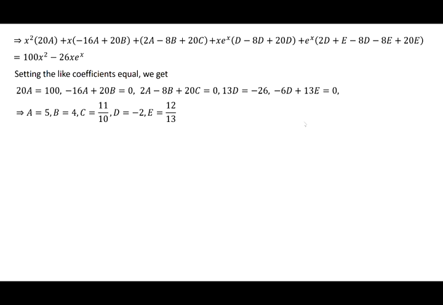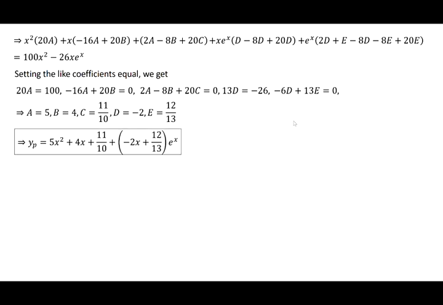So A, B, C, D, E. And so y sub P is ax squared plus bx plus c, I'm just plugging in the values of A, B, C, plus dx plus e times e to the x. Right? So notice how our thinking of this as plus dx plus e didn't matter, even though this was a negative 26x e to the x.